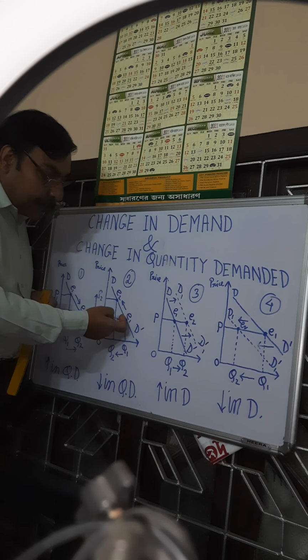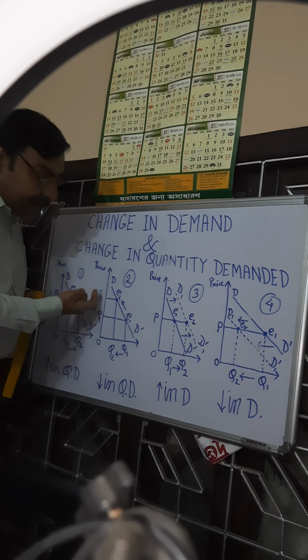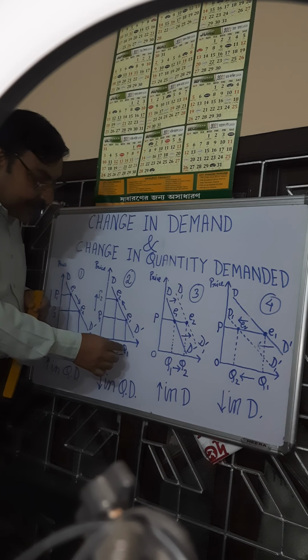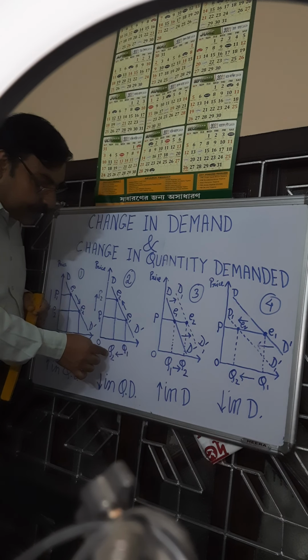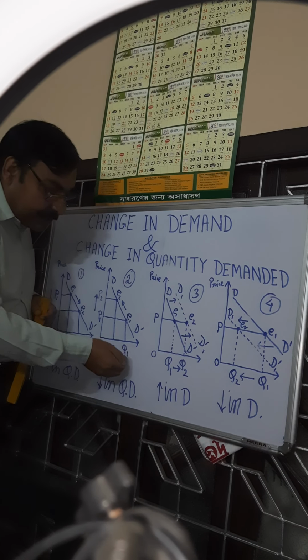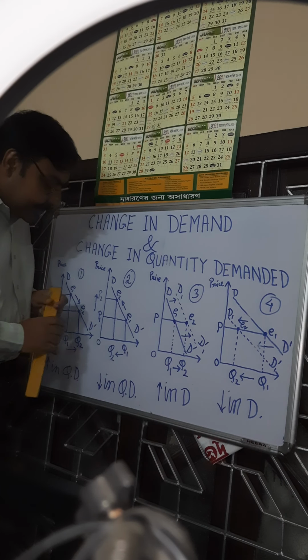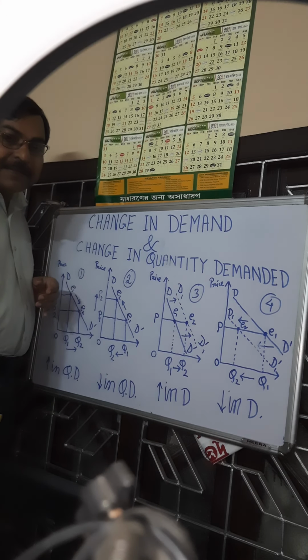So this is a movement along the demand curve in the upward direction when price rises. Because of this rise in price, demand reduced from OQ1 to OQ2. This fall in demand, Q1 to Q2, is contraction of demand or decrease in quantity demanded. Why? Due to a rise in price.